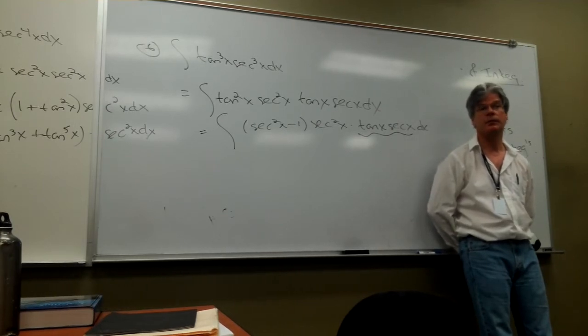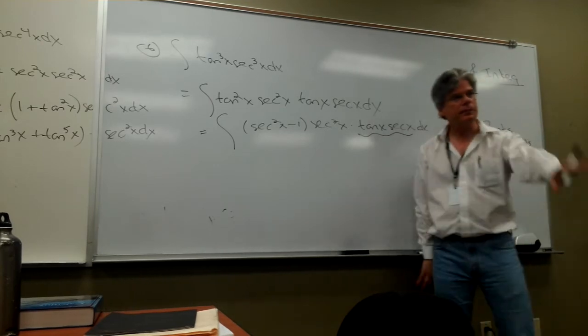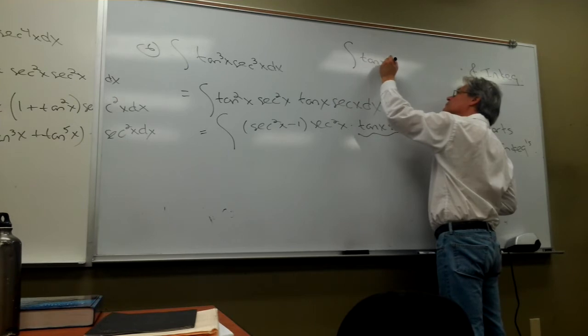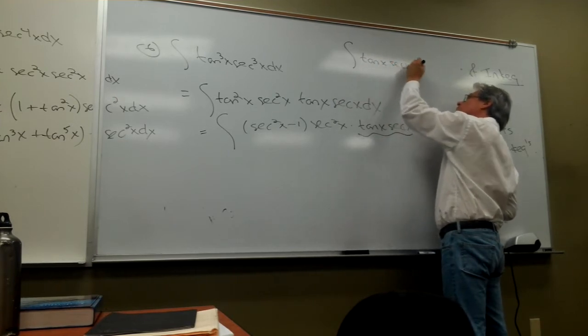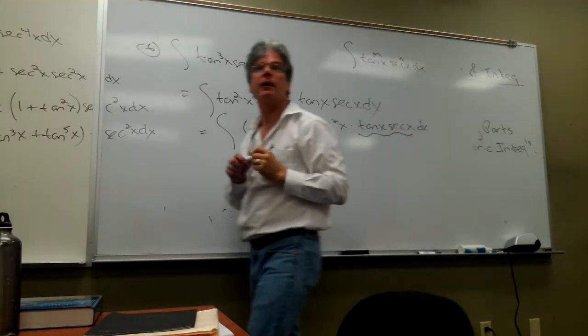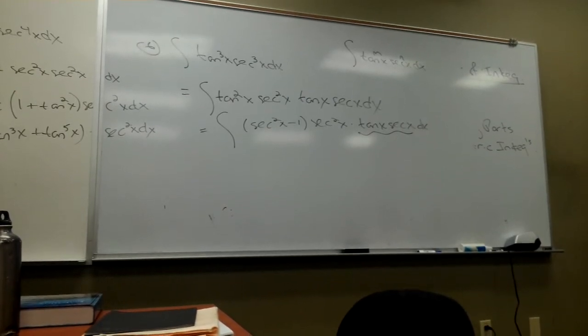So you just keep exploiting that relationship between tangent and secant? I do. Now I admit, I looked at two special case scenarios for this integral. In the first case scenario, n was even. Second case scenario, m was odd. But I don't memorize that.